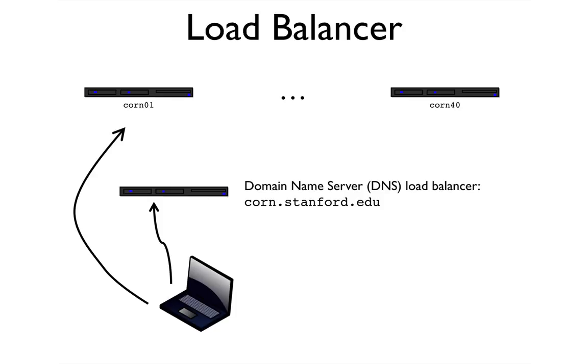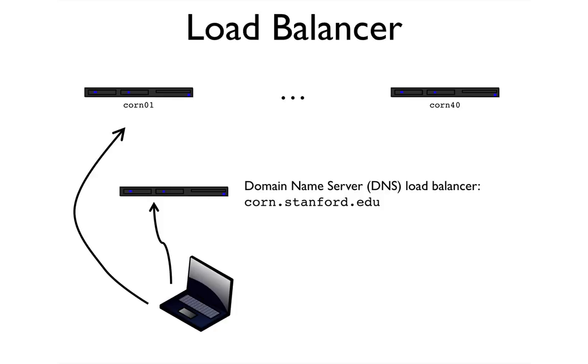And what happens when you log into corn.stanford.edu, it looks at the load on all of those 40 machines and sends you to a machine that is not overloaded with other things, so that you can log in and be able to do things, run your code quickly, etc. So for example, in my case, I was logged into corn01, but you might be logged into corn17 or corn28. And each time you log in, you may be sent to a different machine because of this behavior.